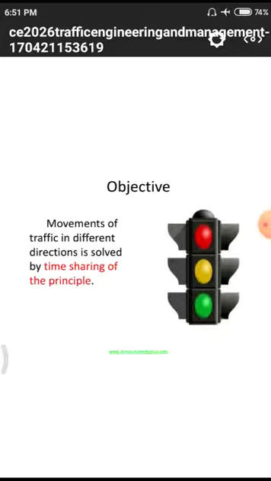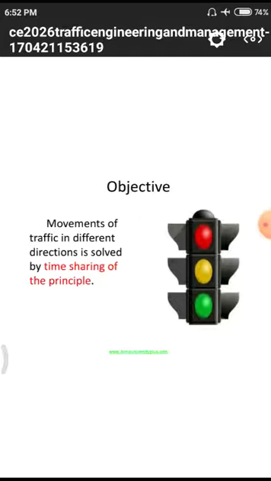In different junctions the number of intersecting roads is different. If it is a T junction, only 3 roads are intersecting. If it is an X, 4 roads are intersecting. Depending upon the intersection type, the number of lanes intersecting varies, so we need to give priority, that means how much time we have to give for a lane.